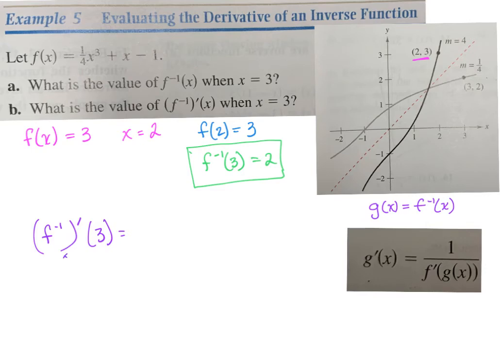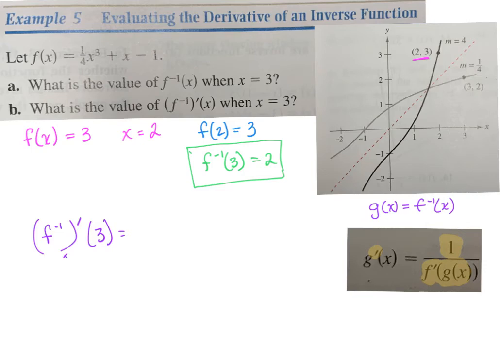The derivative of the inverse of a function at a point is going to be 1 over the derivative of the composite, or what happens when you plug it in.